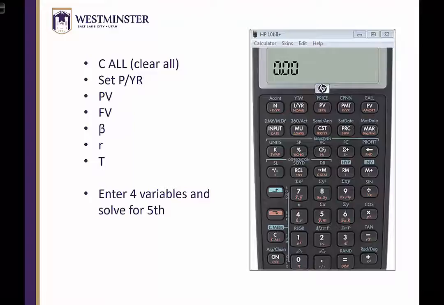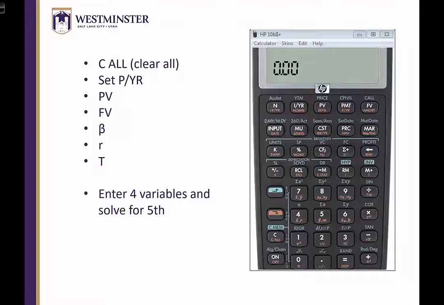The next thing that I need to do with this calculator is tell the calculator how many periods per year we're dealing with. So if it's annual, it's 1 period per year. If it's monthly, it's 12 periods per year. If it's daily, it's 365 periods per year.